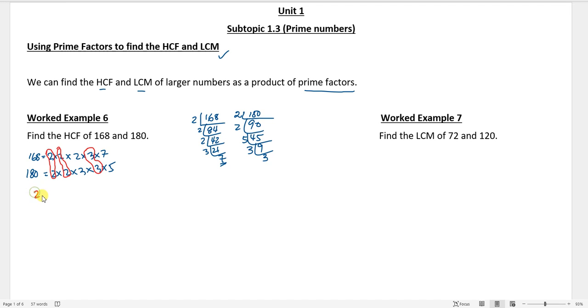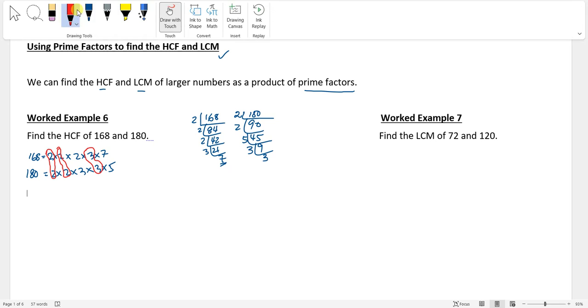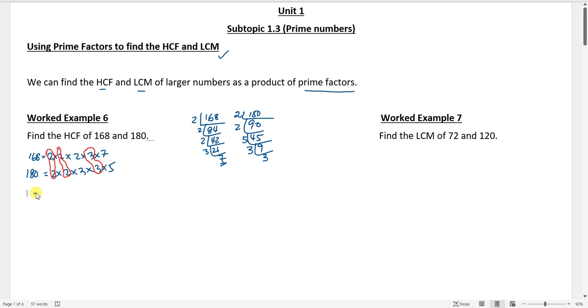So we have 2 times 2 times 3 is equal to 12. Hence we can write HCF is equal to 12.